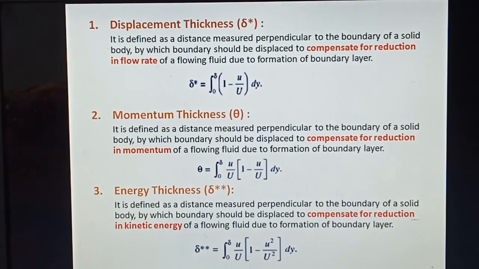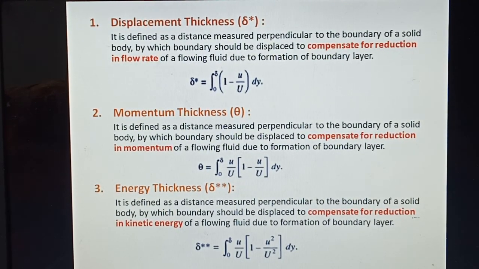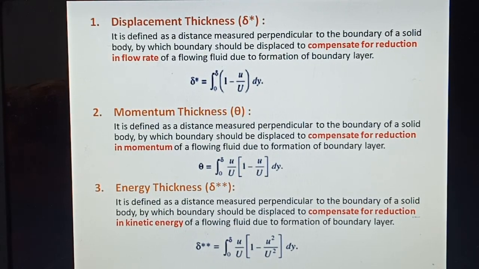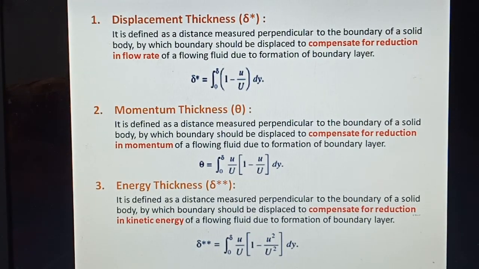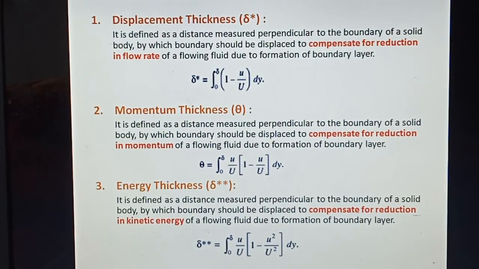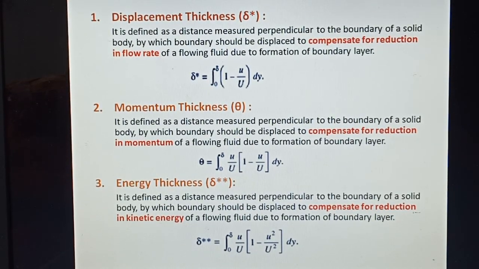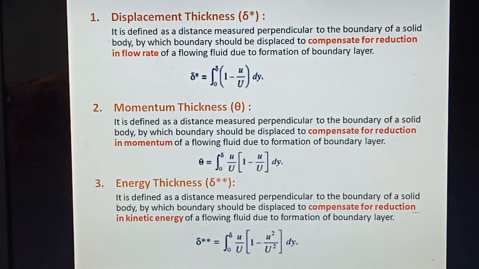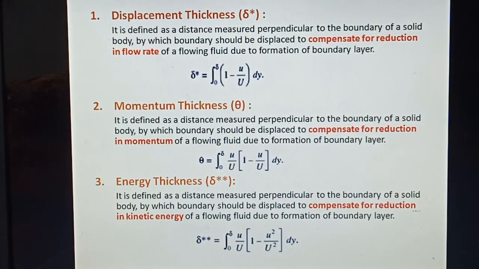That displacement thickness is denoted by delta star, and the equation for delta star is integration from 0 to delta of (1 minus small u upon capital U) into dy.